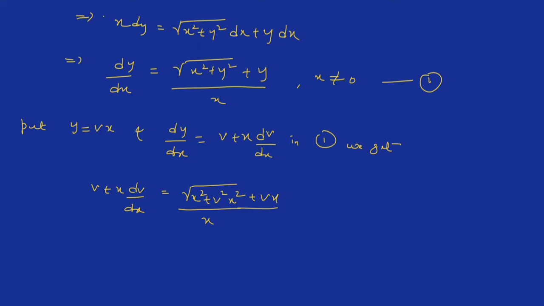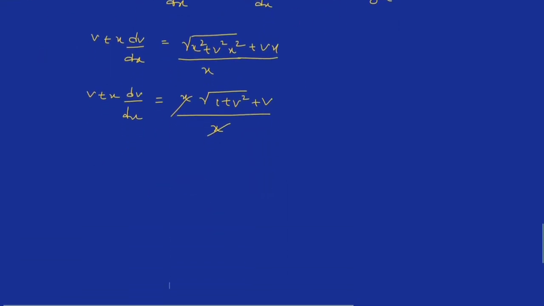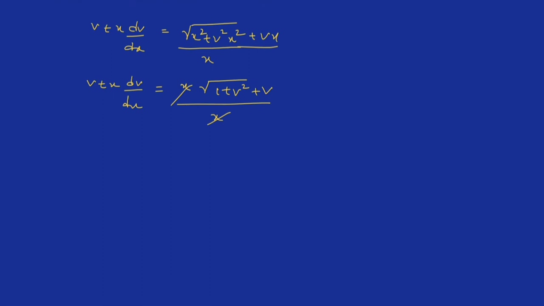So now v plus x dv by dx equals, by taking x common, inside we get 1 plus v square plus v upon x, so x gets cancelled here. So v plus x dv by dx equals square root of 1 plus v square plus v.